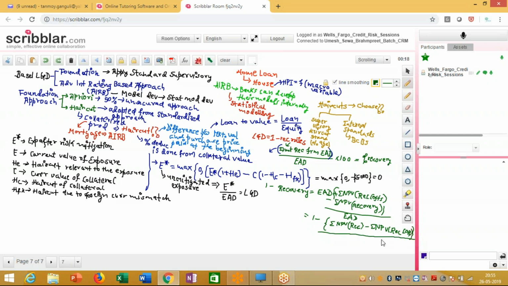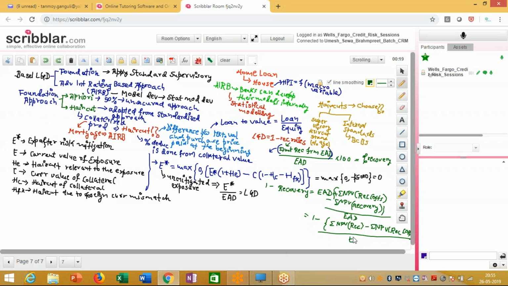This whole divided by the exposure at default. Right? Okay, fine.